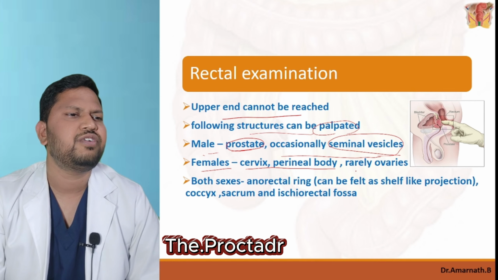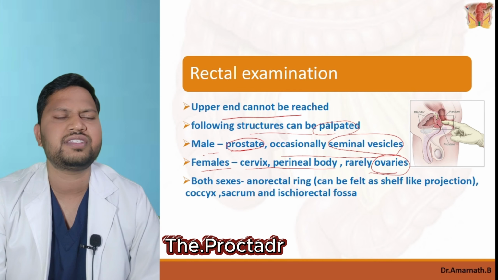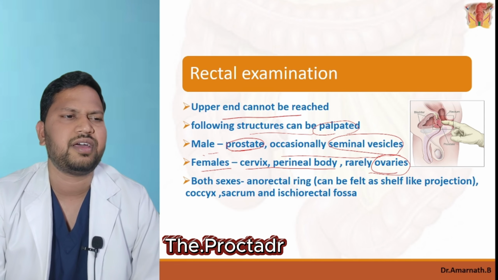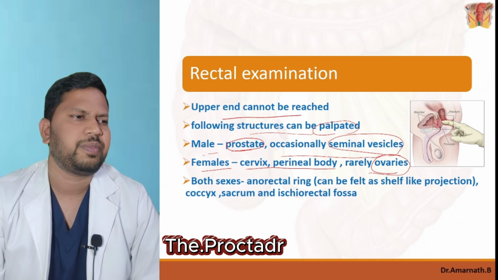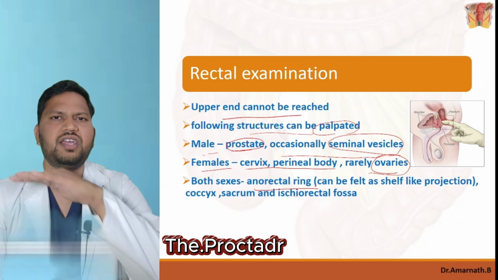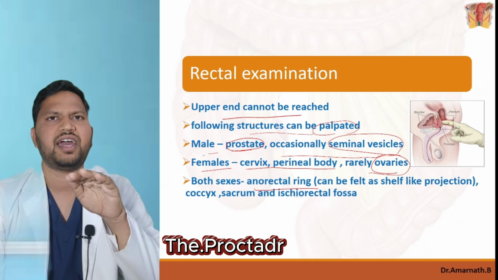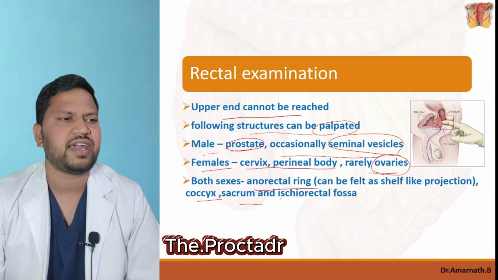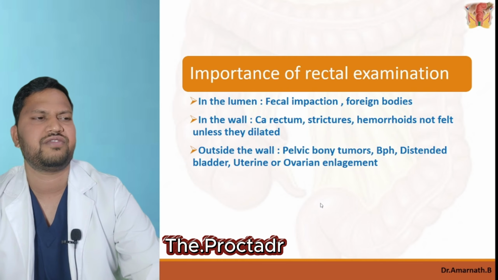In females, we rarely find the ovaries, only in conditions like ovarian carcinoma can we palpate them. Otherwise, we can't palpate them. In both sexes, we find the anorectal ring, a shelf-like projection just above the anal canal. Then the coccyx, sacrum and ischiorectal fossa we can find.